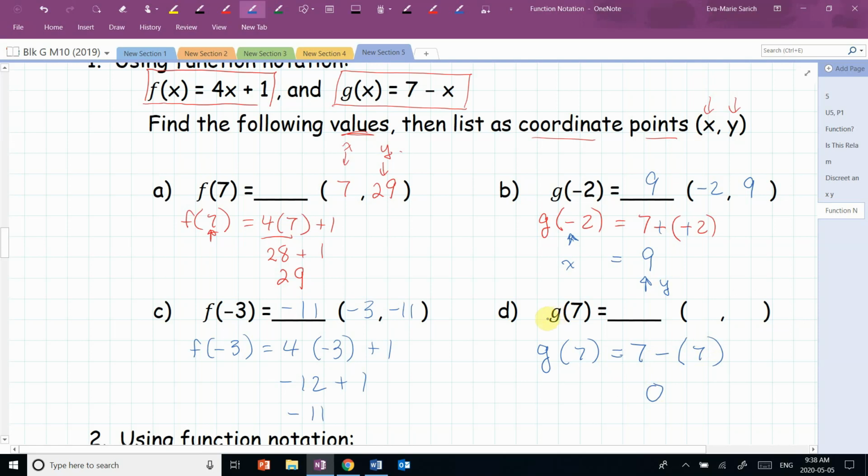So when g of x is at 7, the y is 0. So our ordered pair, x value is 7 and y value is 0. We can plot those points.